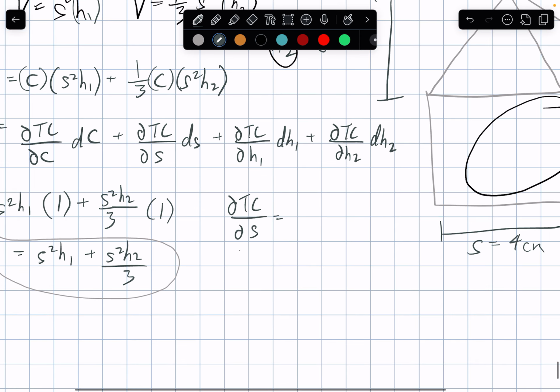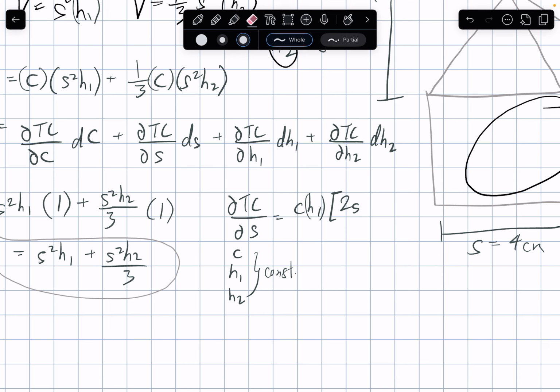This time partial S. So C, H1, and H2 are all constants. S squared becomes 2S.